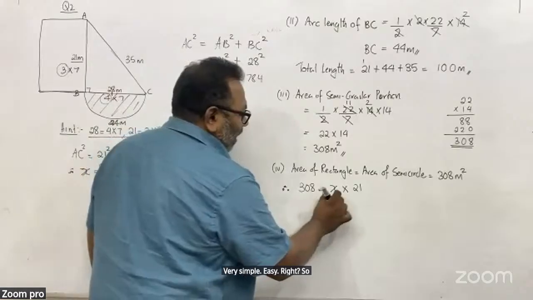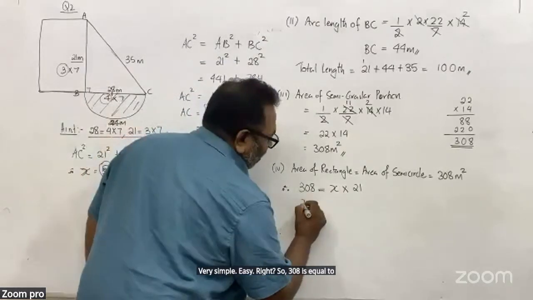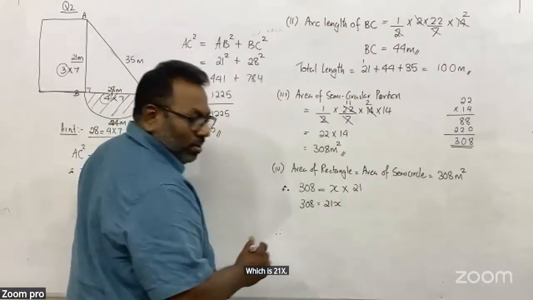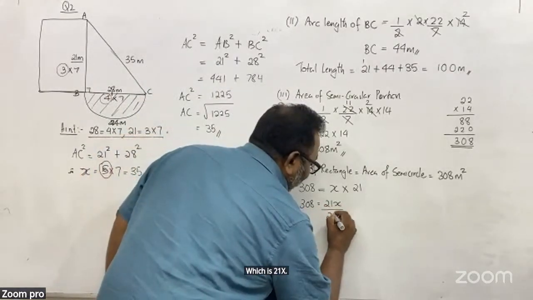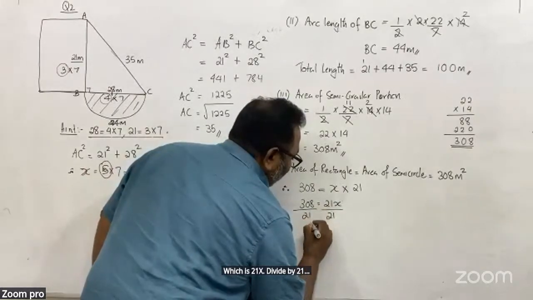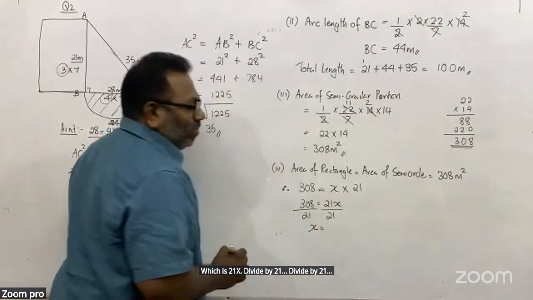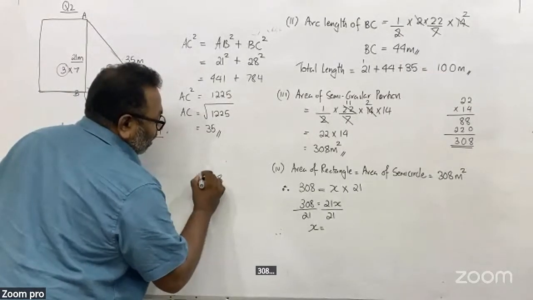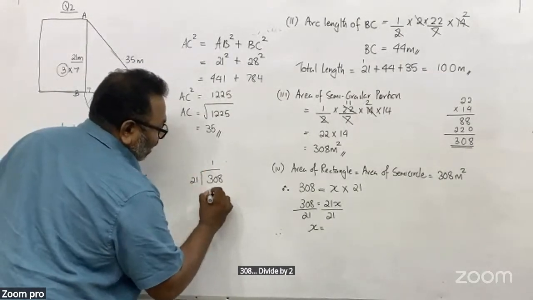So 308 is equal to x into 21, which is 21x. Divide by 21, divide by 21. x is going to be how much? 308 divided by 21.